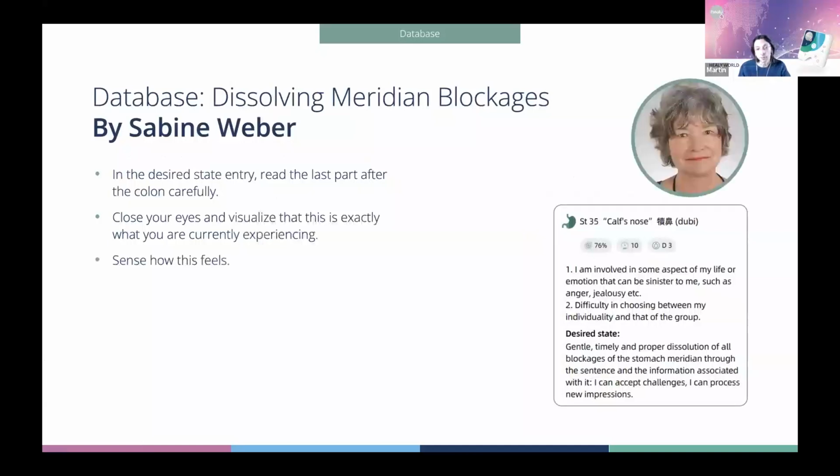Yeah, and Dissolving Meridian Blockages by Sabine Weber. So Sabine Weber is, I think, or was one of the most special persons I knew, because she started out as an engineer. So she had a big position in a big company.